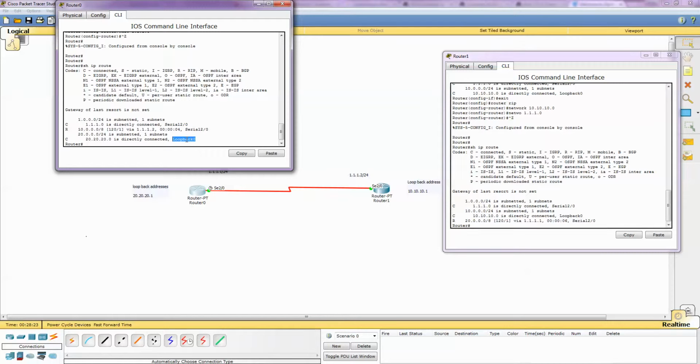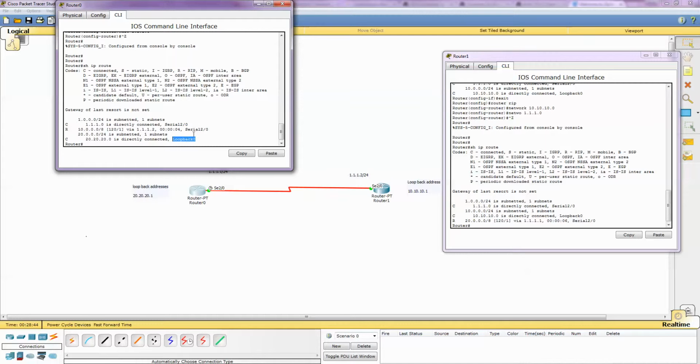So 10 is a class A, so it is using CIDR 8, with 255.0.0.0, so it will not consider CIDR 24. This is what we learn, how RIP is advertising its network to the other router.